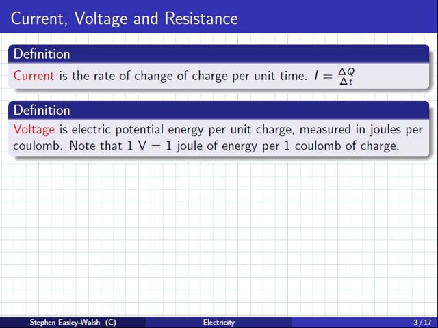So in a way, it's telling us how much work the charge can do. Do you understand? Now, in fact, we call 1 joule per coulomb a volt.